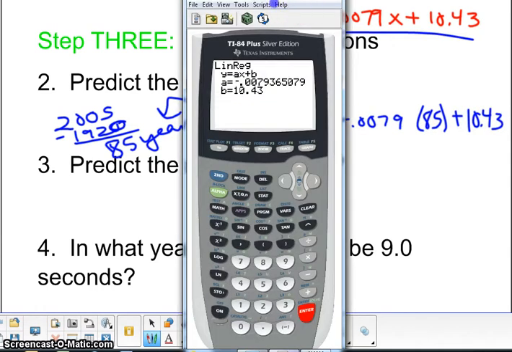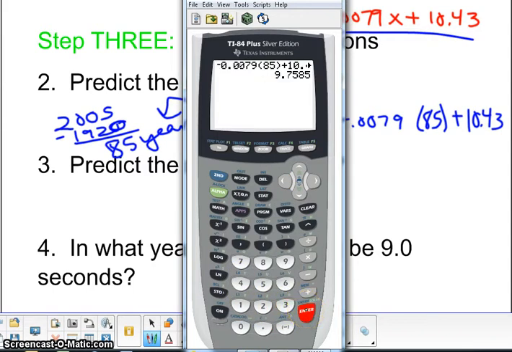Okay, so in the calculator, we are going to clear that out and put negative 0.0079, multiply that by 85, and lastly we're going to add 10.43. And I see I forgot a decimal point, so I'm going to put that in real quick. And there we go.